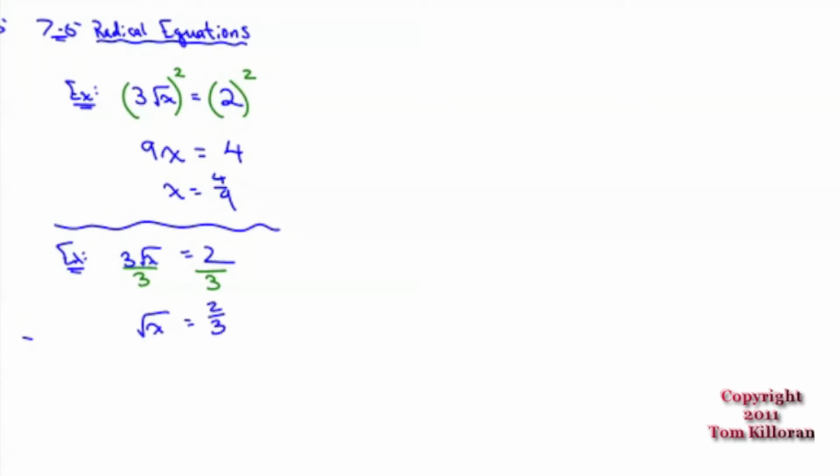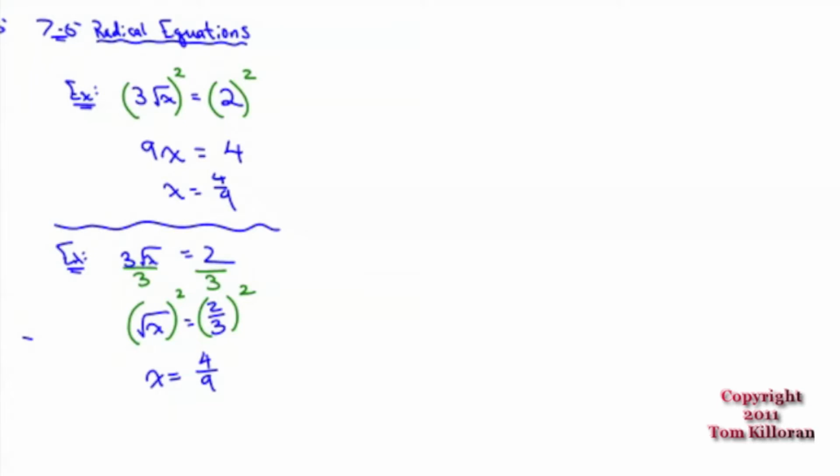How do you get rid of a square root? Square both sides. The square root of x squared is equal to x. And 2/3 all squared is equal to 4 ninths, either by saying 2/3 times 2/3 or 2 squared over 3 squared, which I prefer personally.